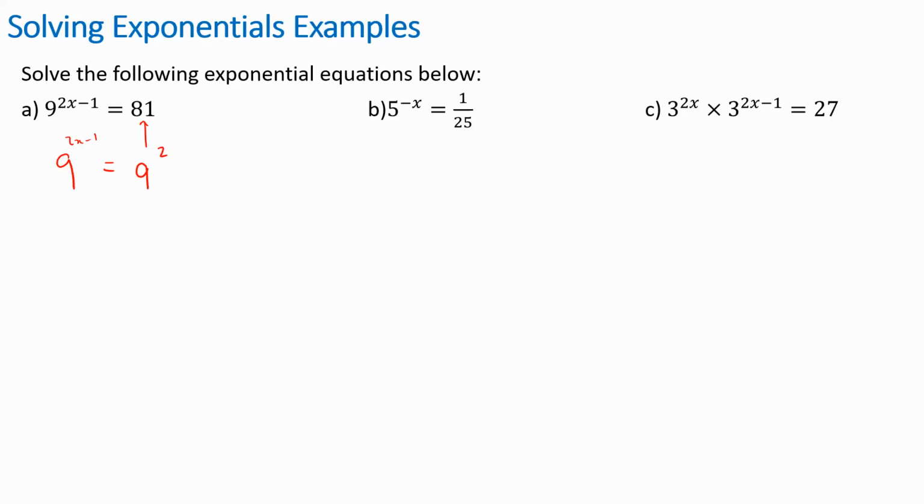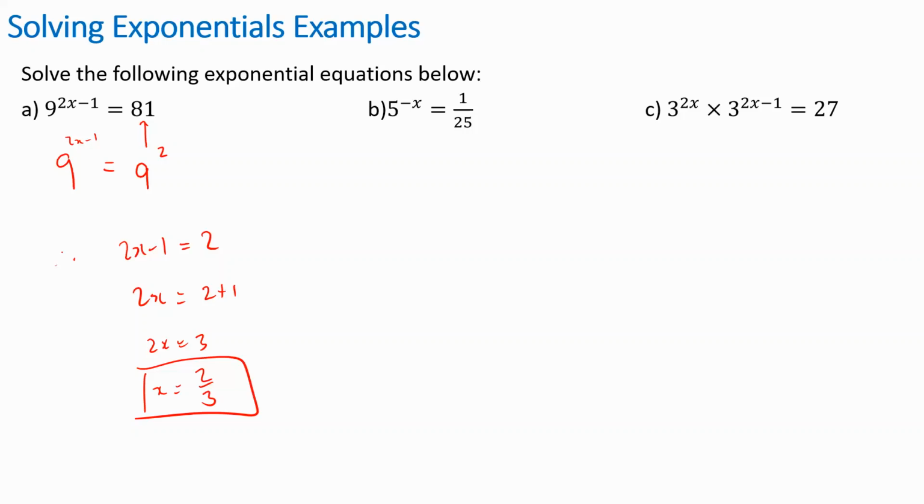Now that you have the same bases, and you're saying that these two are equal to each other, that means the powers have to equal each other. So if the powers are equal, then you can say, therefore, 2x minus 1 has to equal 2, and then suddenly you've got something you can solve. That becomes 2x equals 2 plus 1, 2x equals 3, x equals 3/2. Okay? So that's what we would have done in year 9 and 10. Now let's move to the next one.